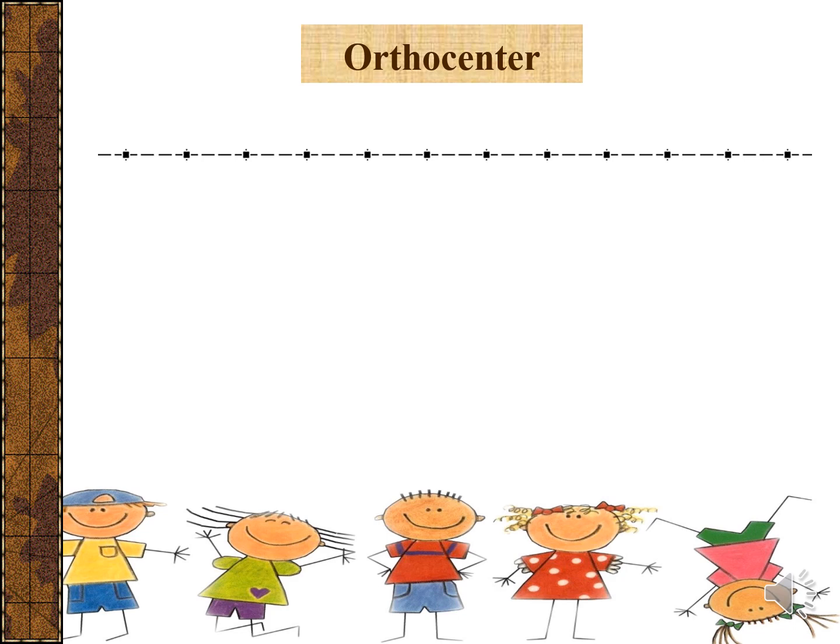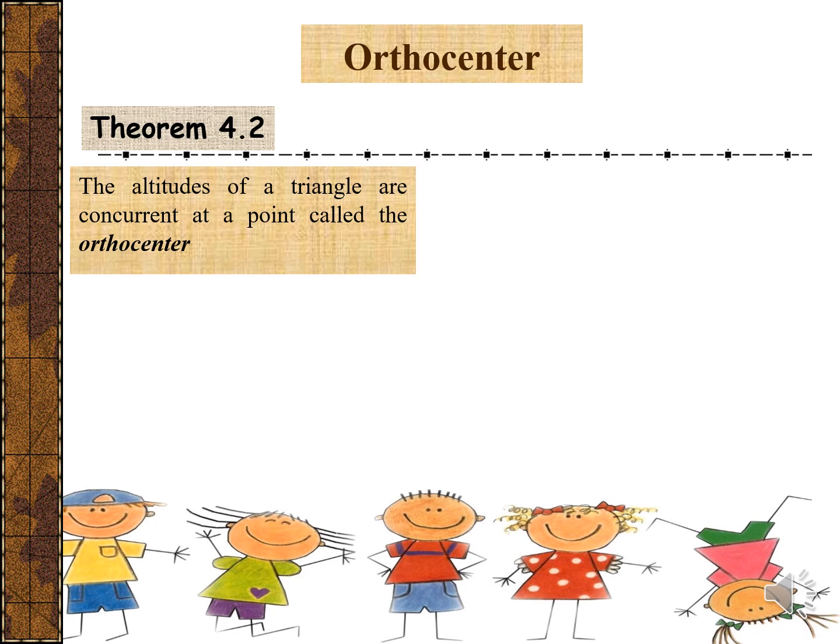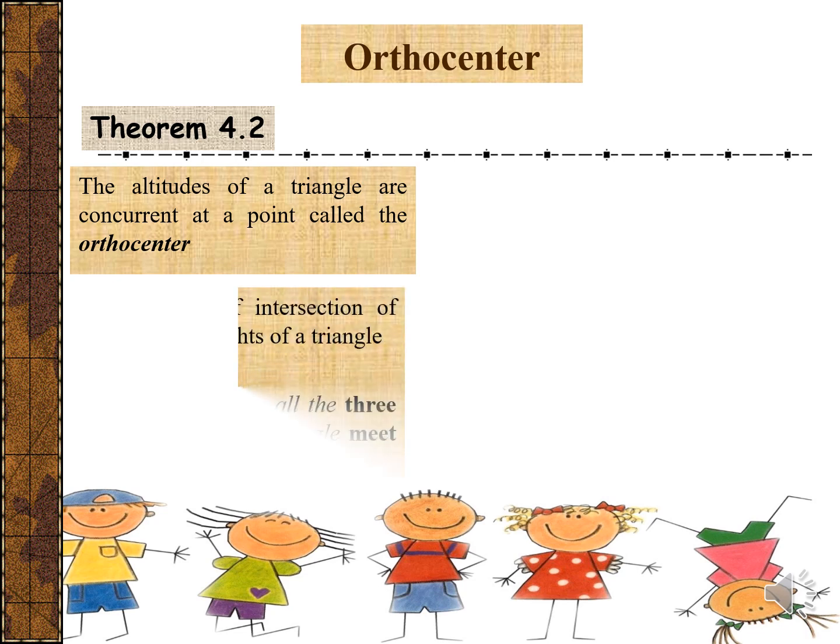Now, the next topic is the orthocenter. Theorem 4.2 says the altitudes of the triangle are concurrent at a point.